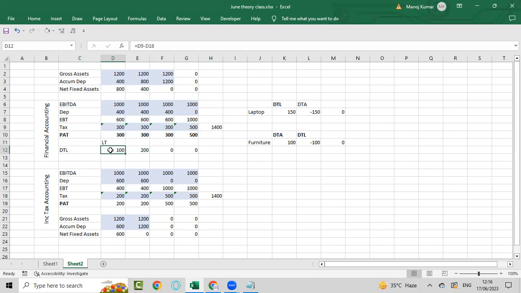Okay, so I will report this in long term and this in short term. Now, was it possible that out of this 200, only 60 was offset here and 140 was offset here? It is possible. So in this column, 140 will be long term and 60 will be short term. And here that long term amount in second year will become short term in third year.